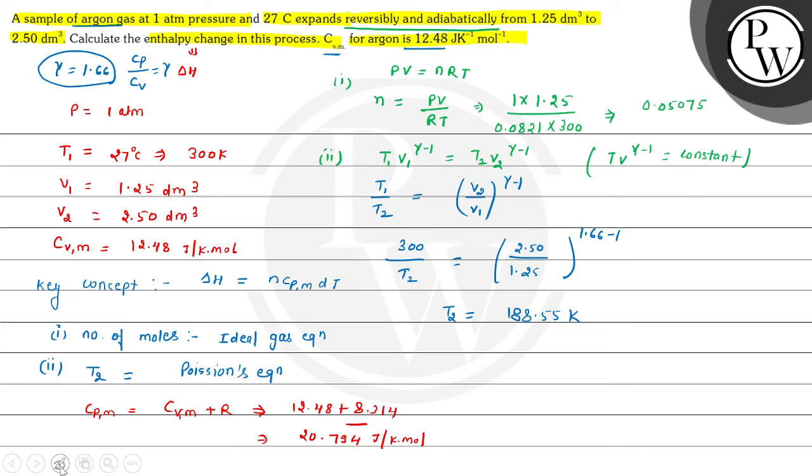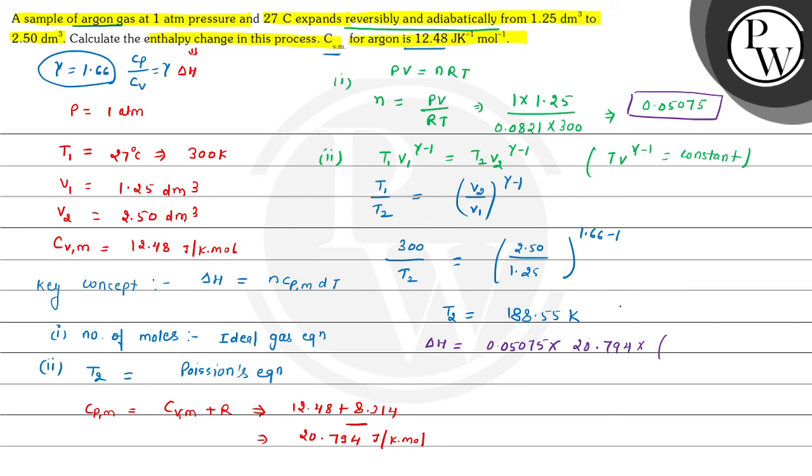Now we can substitute the values in the formula. So del H, the change in enthalpy, equals n CP dT. n is the number of moles, which is 0.05075, multiplied by CPM, the molar heat capacity at constant pressure, which is 20.794, multiplied by dT, the change in temperature.